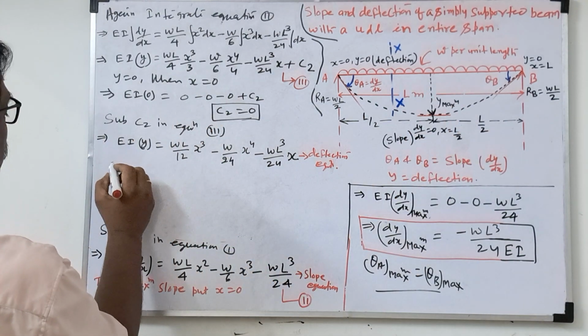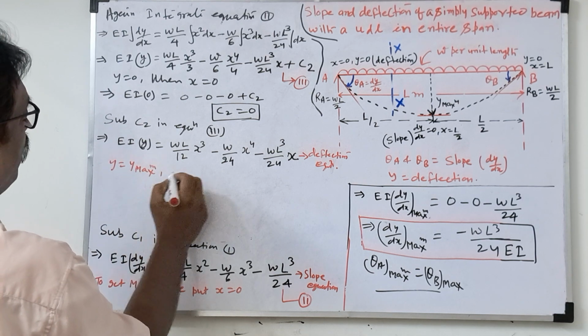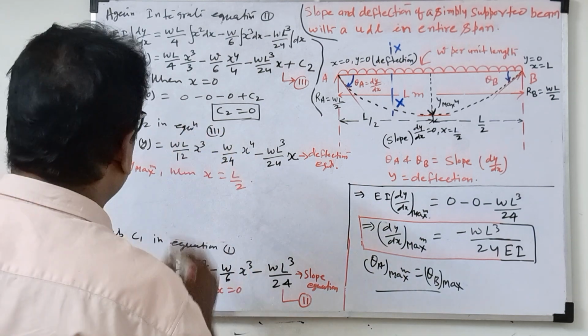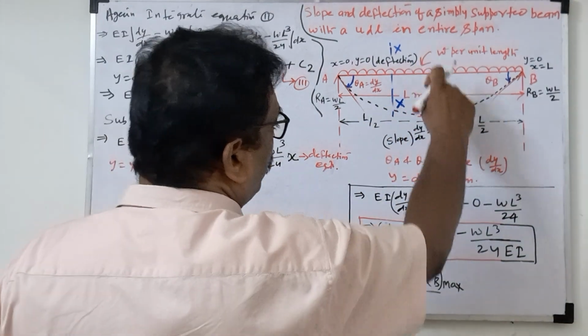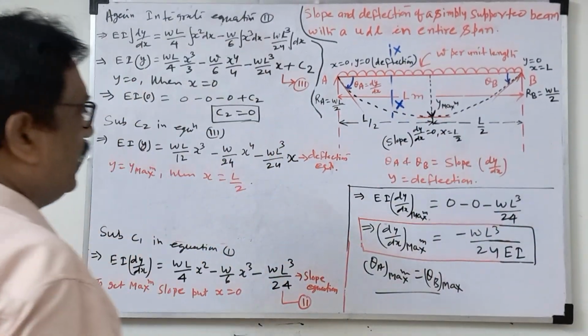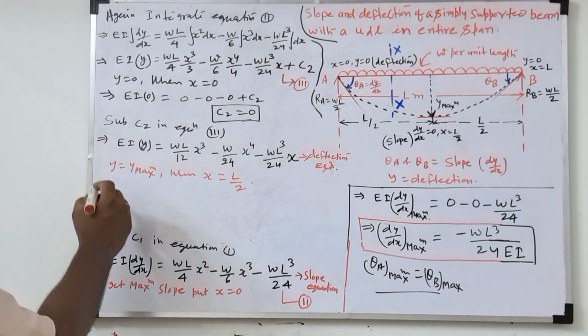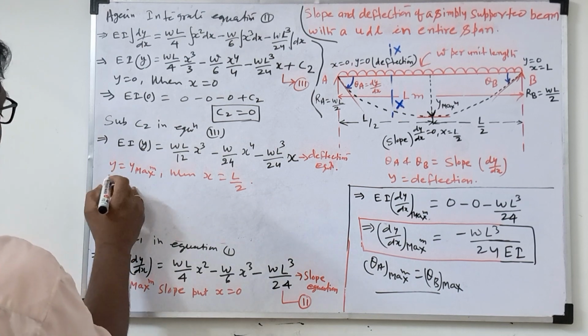So y will be y max when x is equal to L by 2. So we will substitute this, then we will get the equation here.